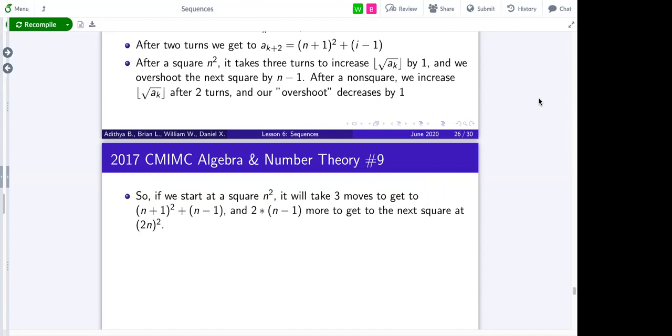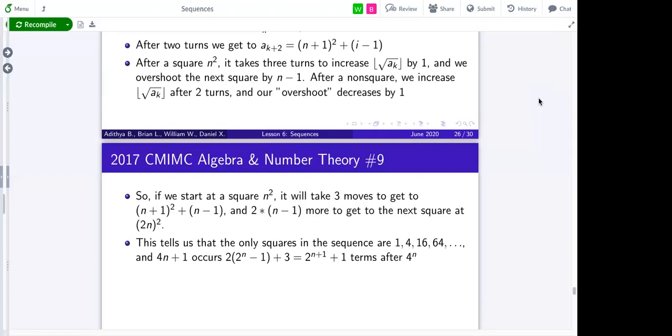So that's 2 times (n minus 1) turns. And then after each of these pairs of turns, our argument of the square is going to increase by 1 every time. So the next square is actually going to be 2n squared. So since we start at 1, our next square is going to be 4, then 16, then 64, and so on. And that should say 4 to the n plus 1.